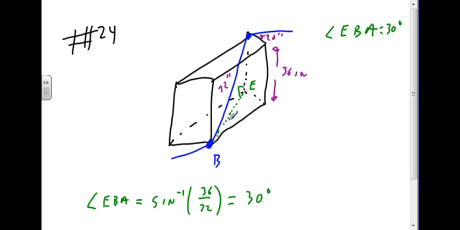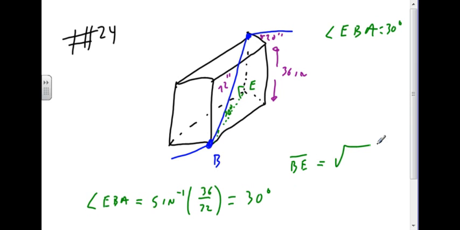Okay, so now I've got something. This is 30 degrees. Knowing that that's 30 degrees, I can now find the green guy right there. I can find the distance B to E. Well, I could have done that before, right?